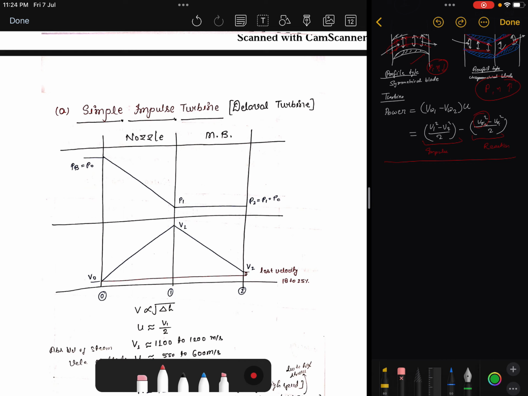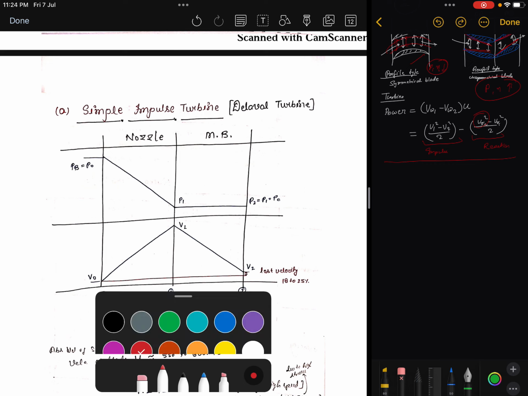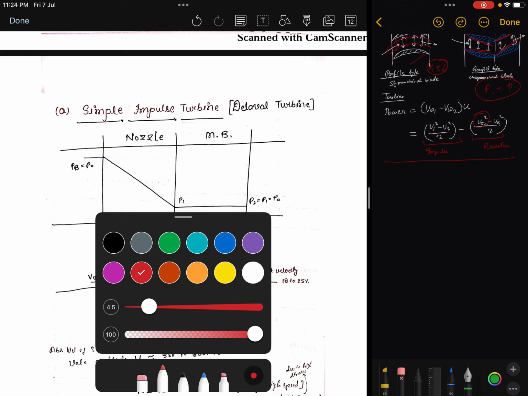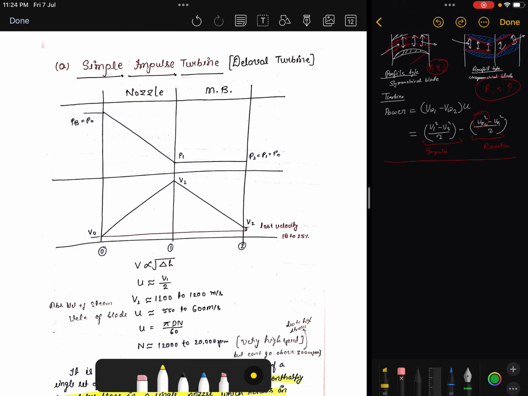Now let's describe the simple impulse turbine. The simple impulse turbine is also called the De Laval turbine. As we have seen earlier, in the simple impulse turbine there is a set of nozzle and moving blade.